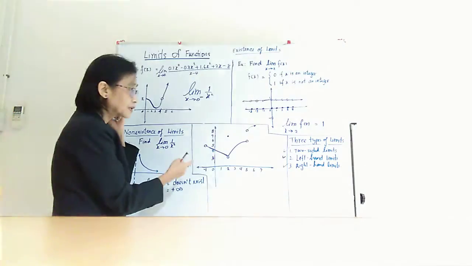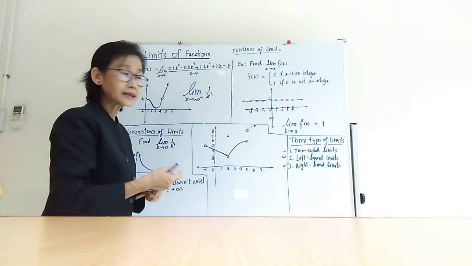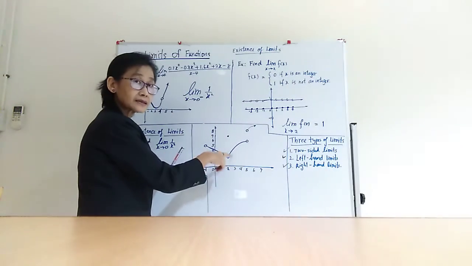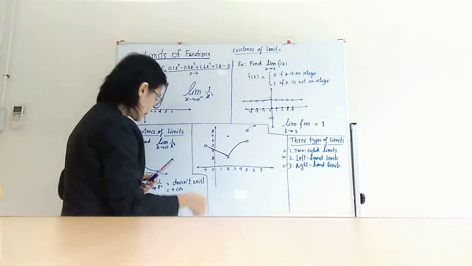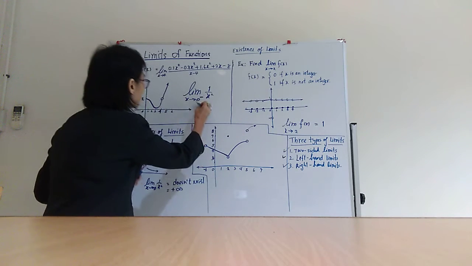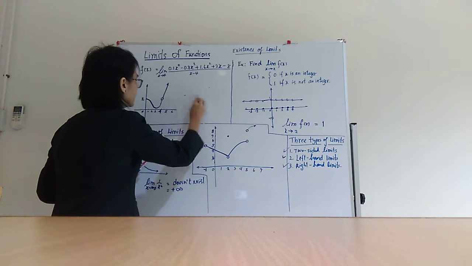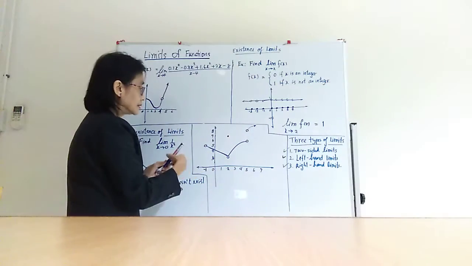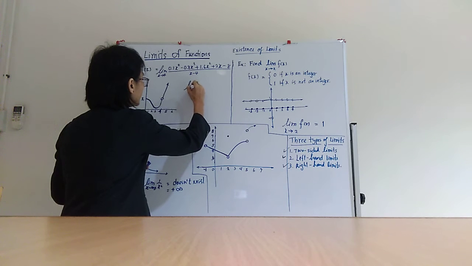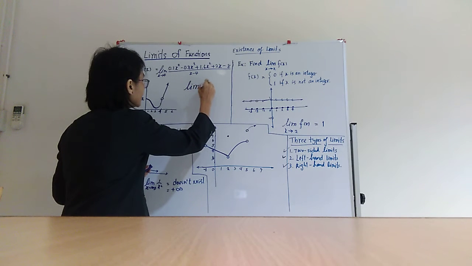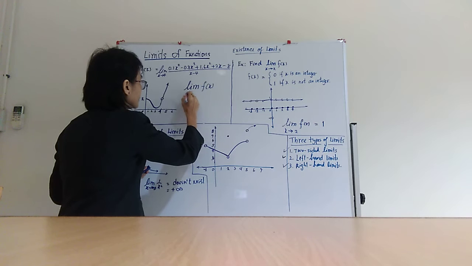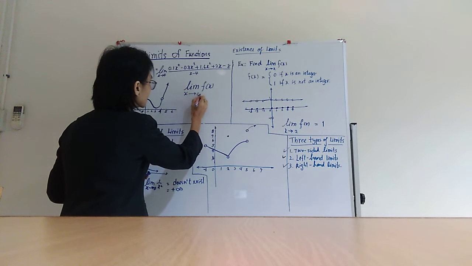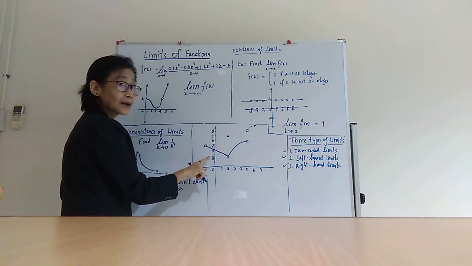Come back to see this example, maybe then there will be more understanding. This graph. Now if I ask you, find the limit of the function when x approaches 0, you see this graph, how many functions do we have?